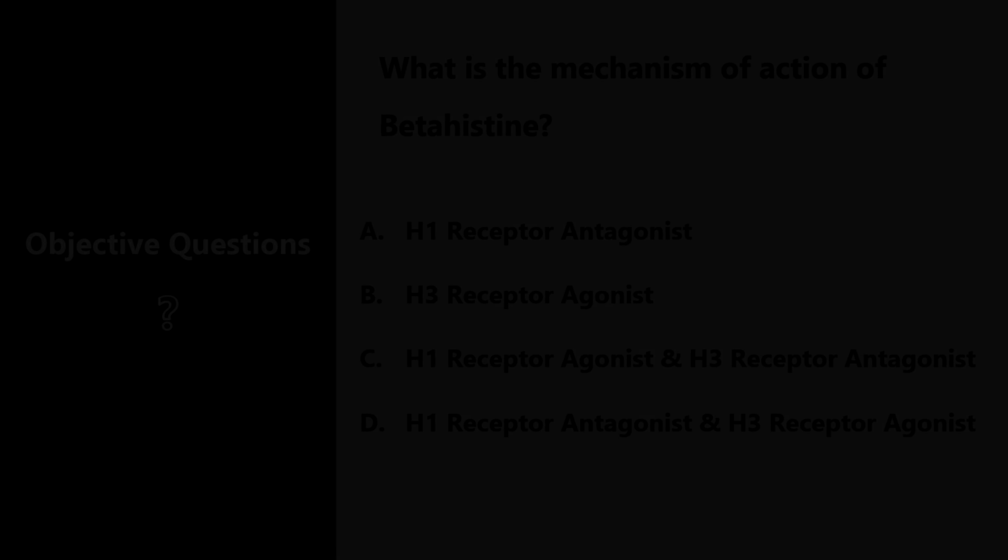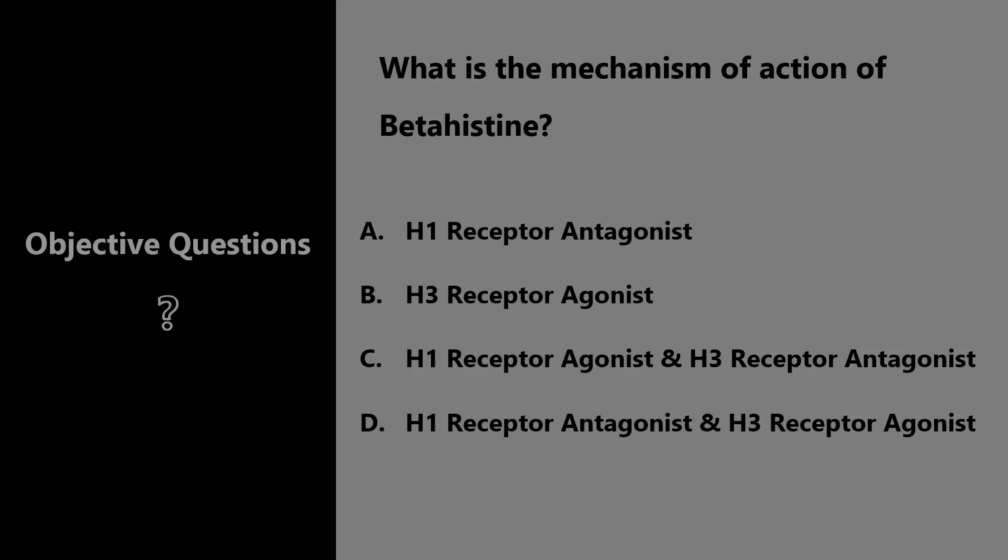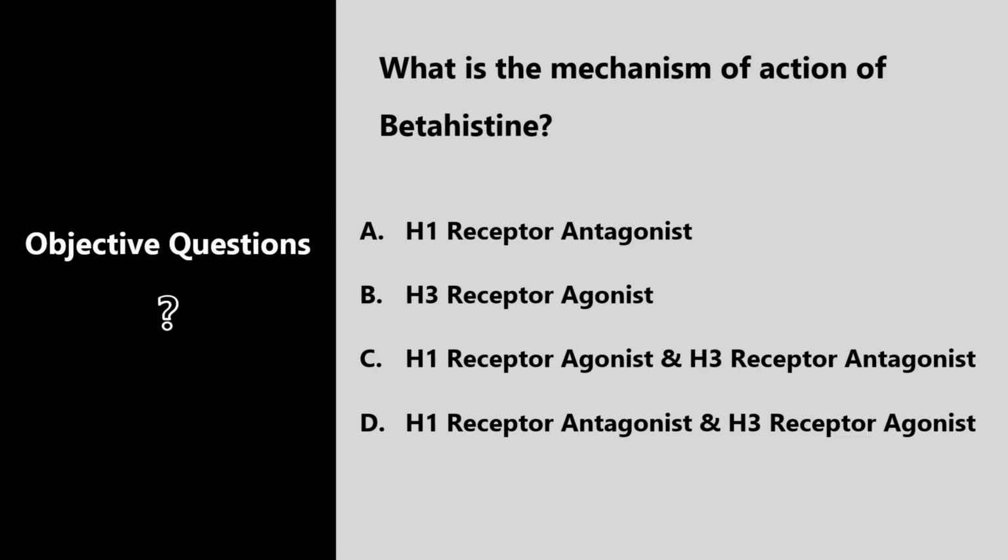What is the mechanism of action of betahistine? A. H1 receptor antagonist. B. H3 receptor agonist. C. H1 receptor agonist and H3 receptor antagonist. D. H1 receptor antagonist and H3 receptor agonist.